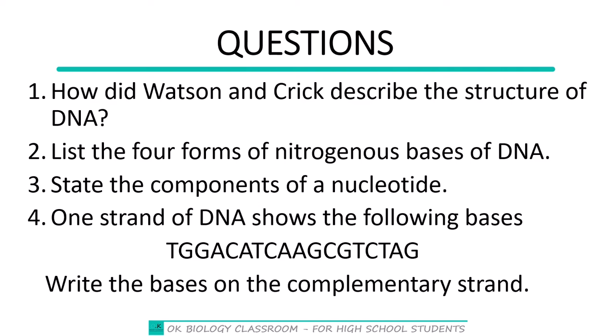So if the nitrogenous bases on one strand are these, what would be the nitrogenous bases on the other strand? So you write them correspondingly. When you answer these questions, I'll provide a WhatsApp number so that you can send your answers, or an email address that you can forward your answers to. So whichever way is good for you, you can send your answers to them.